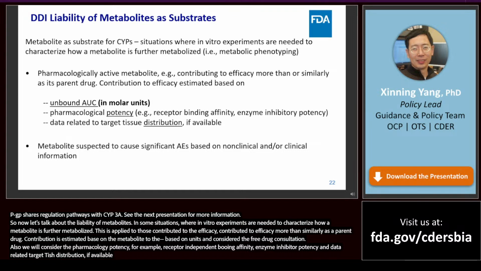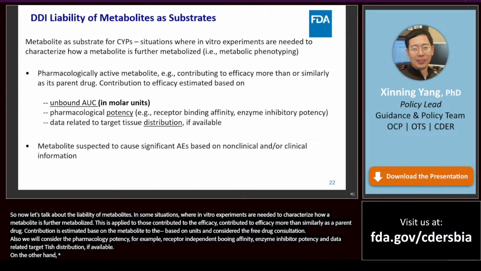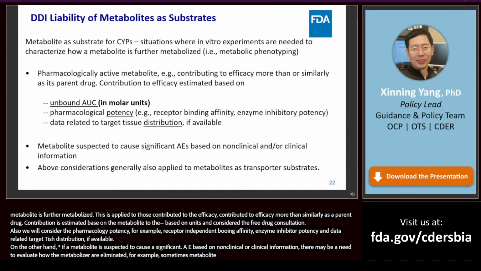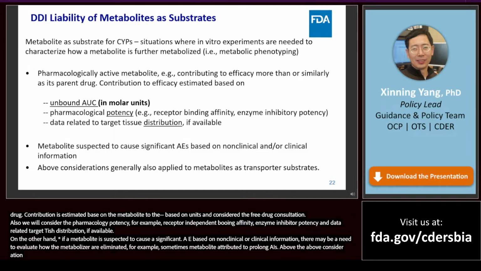On the other hand, if a metabolite is suspected to cause a significant adverse event based on non-clinical or clinical information, there may also be a need to evaluate how the metabolite is further eliminated. For example, sometimes certain metabolites contribute to QT prolongation. The above considerations generally also apply to metabolites as transporter substrates.